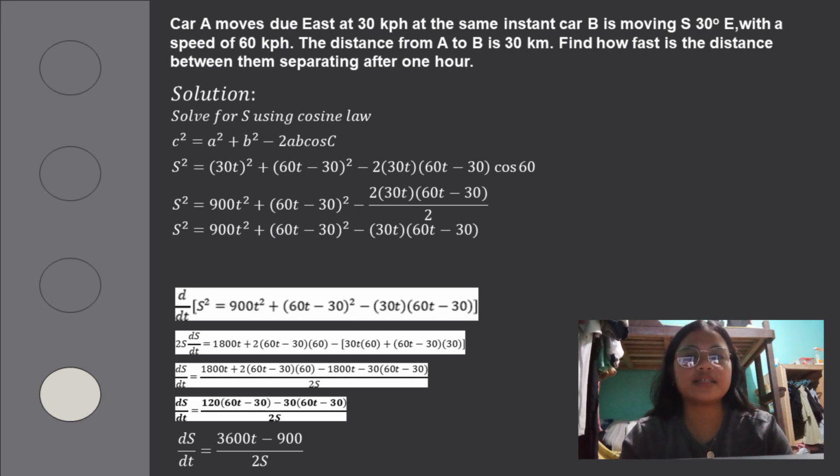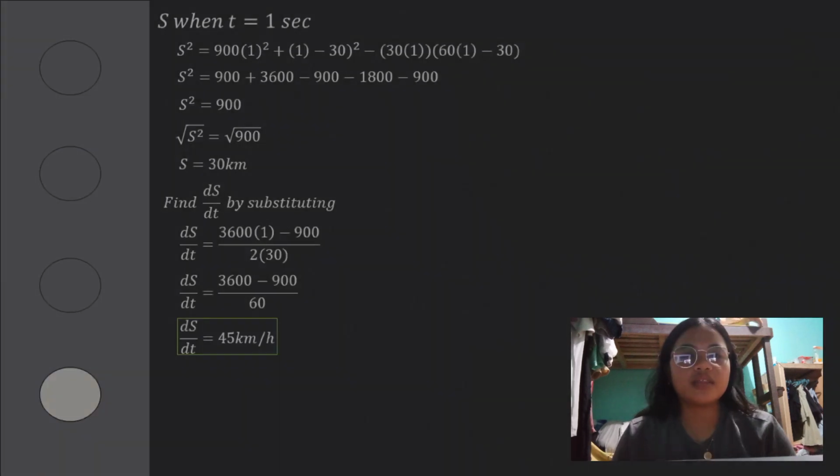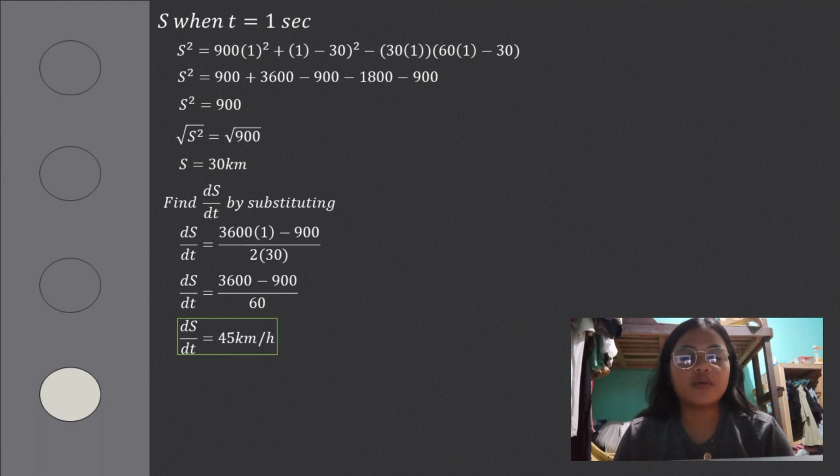It will be ds over dt equals (3,600t minus 900) over 2s. So, this is s when t equals 1 hour. S squared equals 900 times 1 squared plus (60 times 1 minus 30) squared minus 30 times 1 times (60 times 1 minus 30).